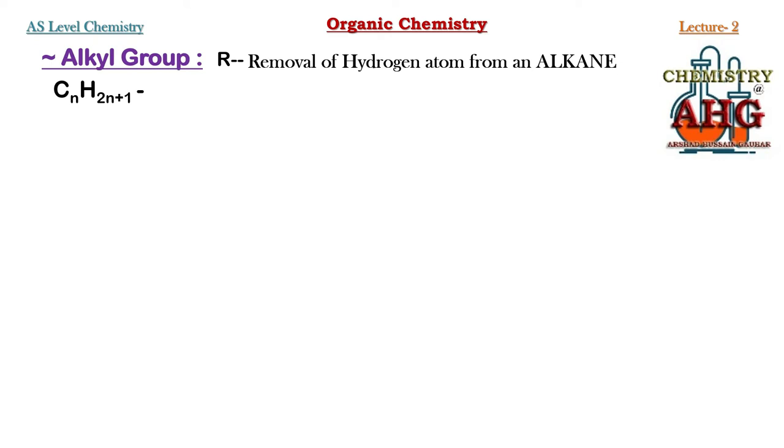So remember, alkyl groups are groups of atoms that are unstable. They become stable when they make one bond in place of the hydrogen that they have lost.